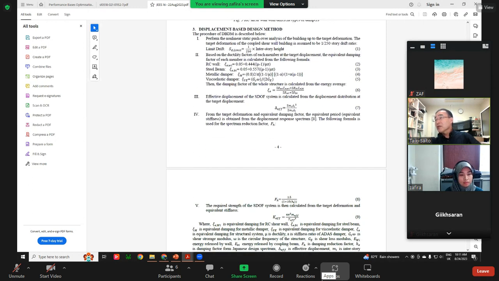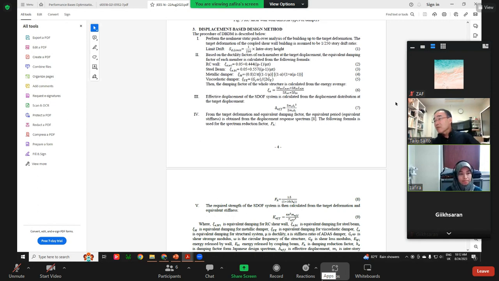So the question is about equations 2, 3, 4, 5. Equations 4 and 5 are somehow theoretical damping, but 2 and 3 are taken from textbooks. So this is something we can do more.